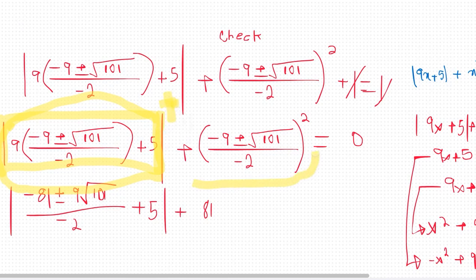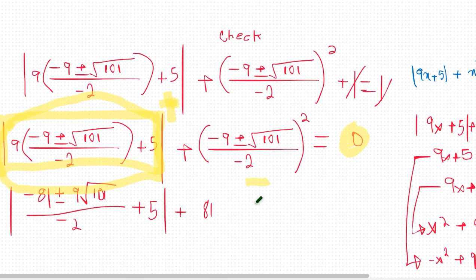And what about this? If you square anything, what is the result actually? If you square any random number, is it positive or negative? Always positive. But check this. Positive plus positive should be? Positive. Can it ever be equal to zero? Never, right?